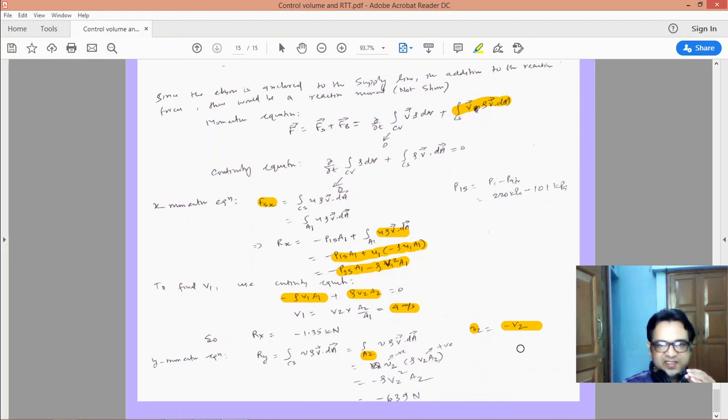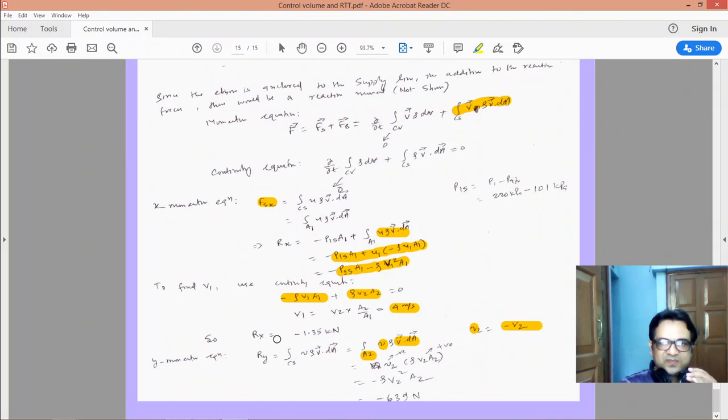In the downward direction means negative for the velocity vector, but this dot product for the outflow condition is positive because the velocity vector and outward normal are acting in the same direction. So again you are getting a negative value. Put these values, so you will get Ry.